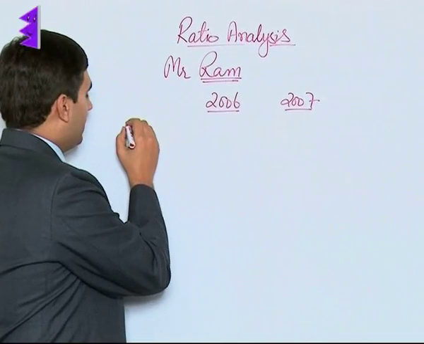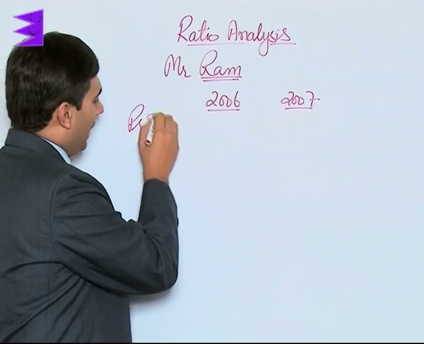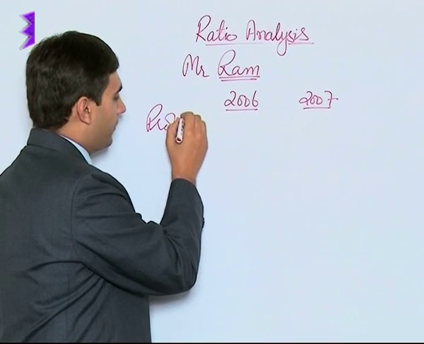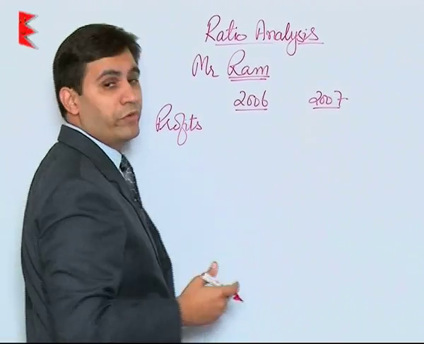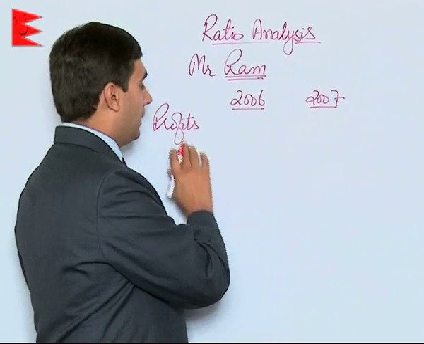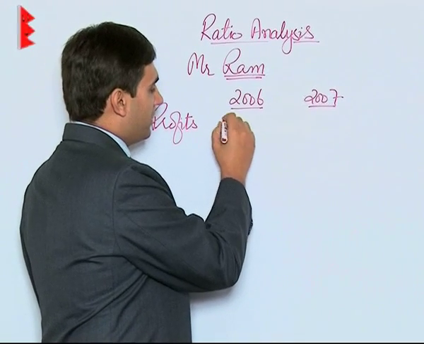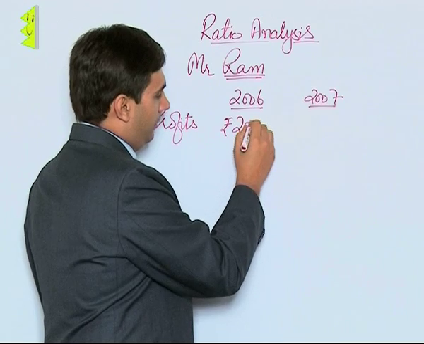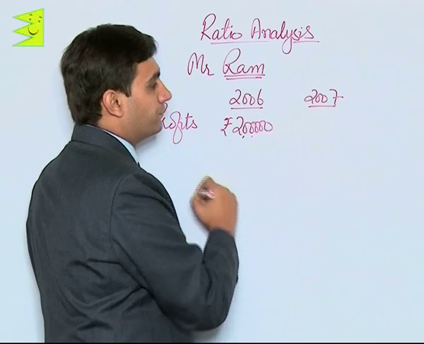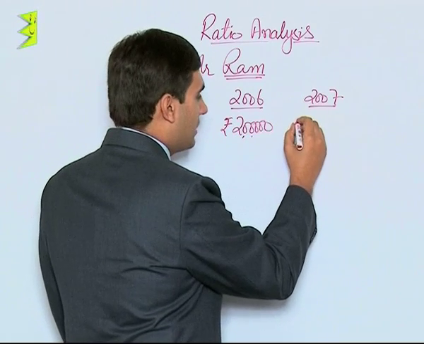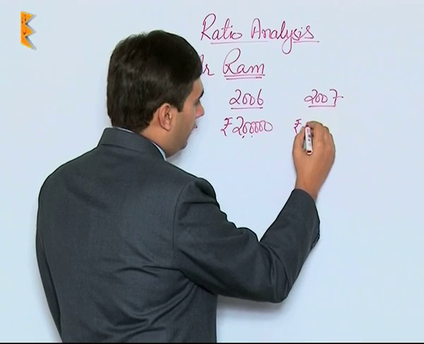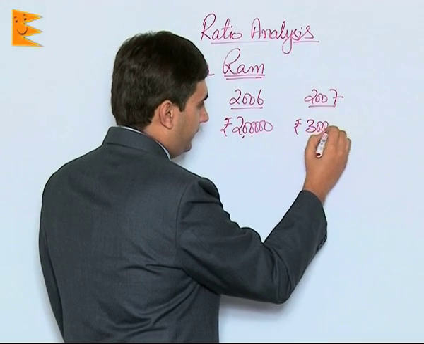Now, if you are given just the profits, and by profits I mean just the profits, you can take it to be gross profit or net profit, whatever you want. Let's say in year 2006 the profits earned are 2 lakhs and in year 2007 the profits earned are 3 lakhs.